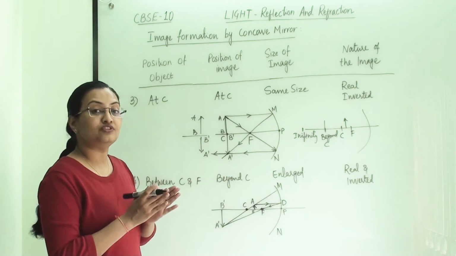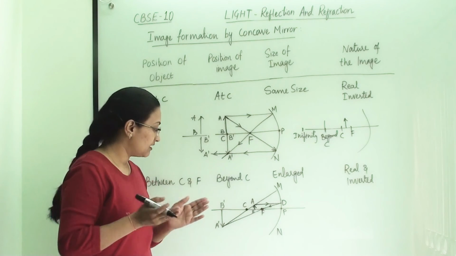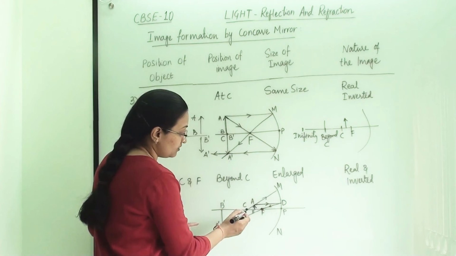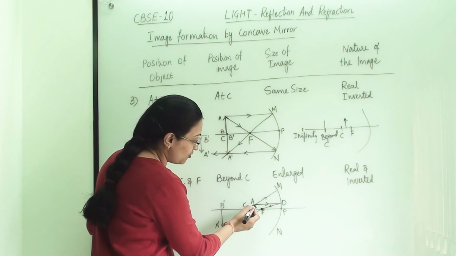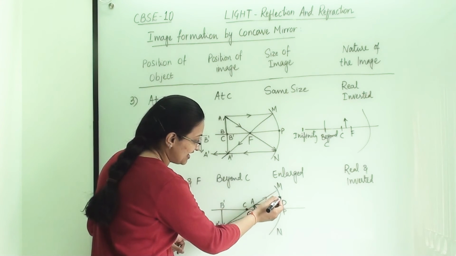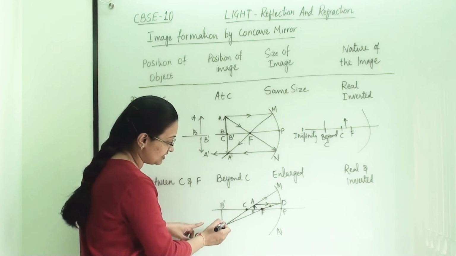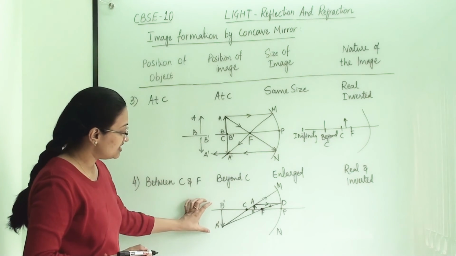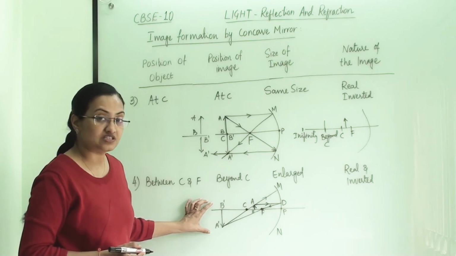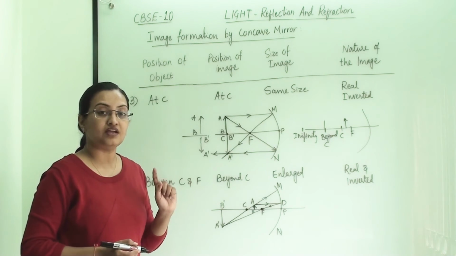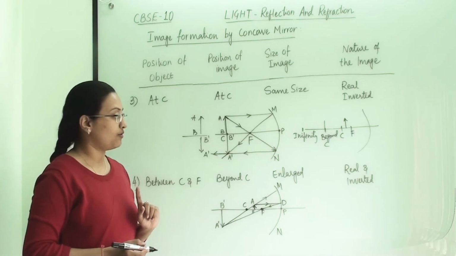So the size of the image will be bigger compared to our object. The rays going from the object will strike the mirror, come back, and all intersect here beyond C. So we get this image beyond C, and its size is bigger than the object.